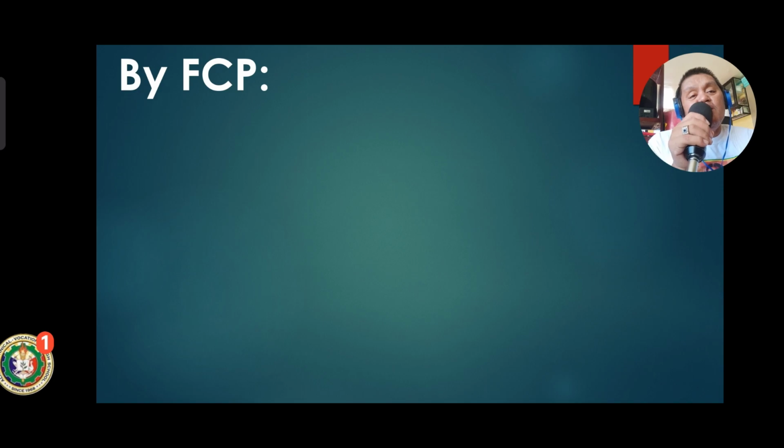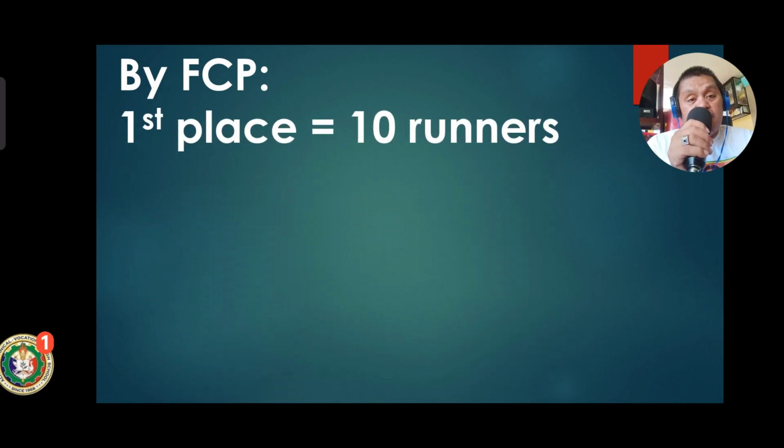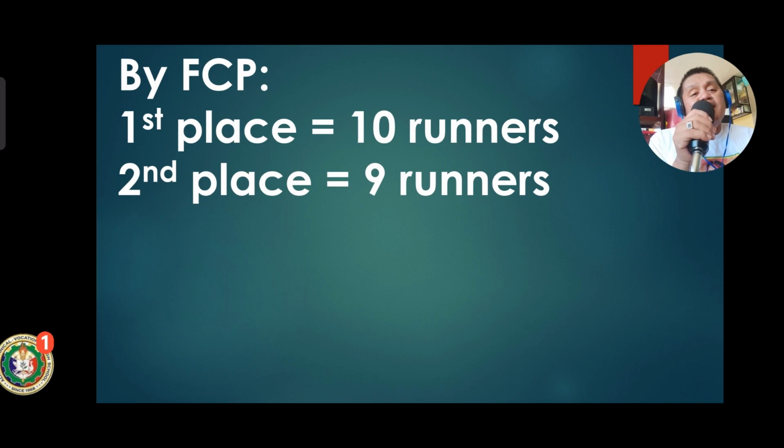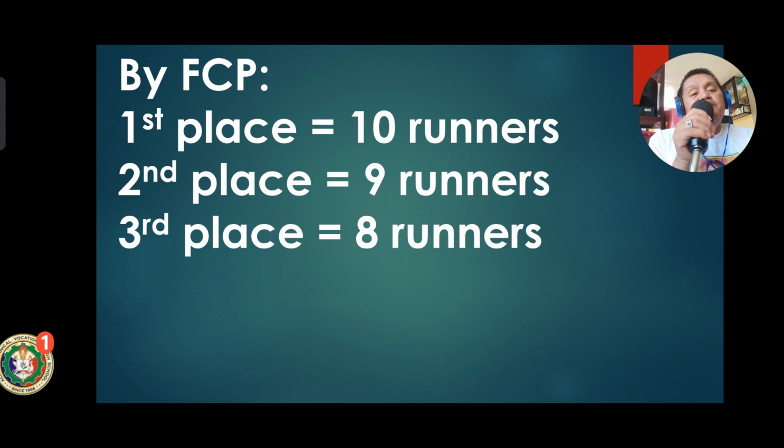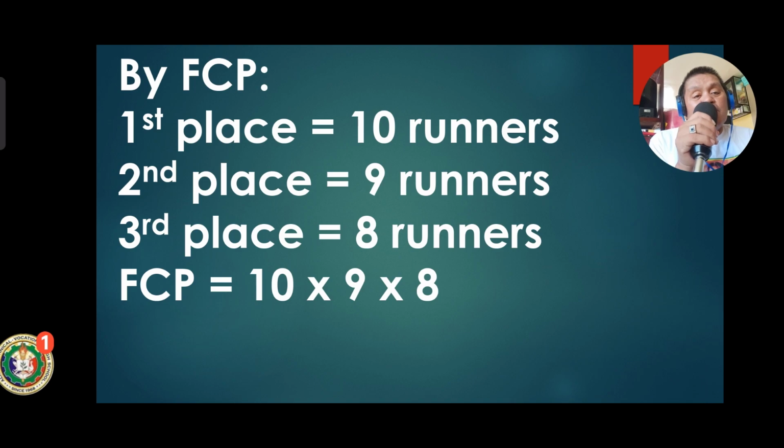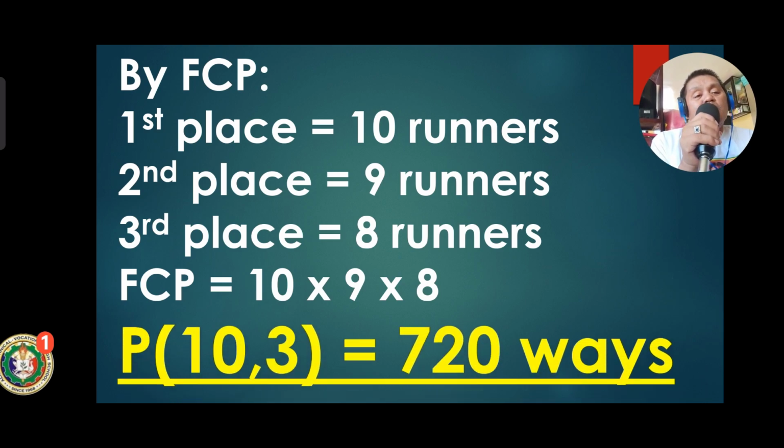By the FCP or fundamental counting principle, for first place, there are 10 ways that runners can be arranged. In the second place, there are 9 ways. In the third place, there are 8 ways. And by the fundamental counting principle, we have 10 ways times 9 ways times 8 ways, which is equal to 720 ways.